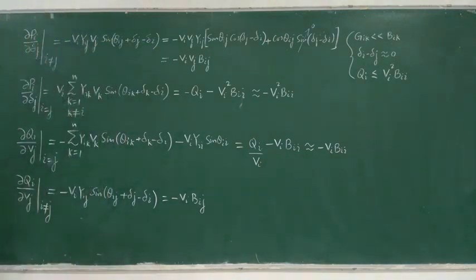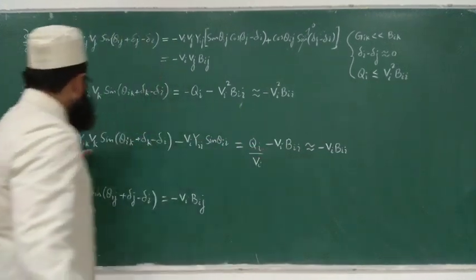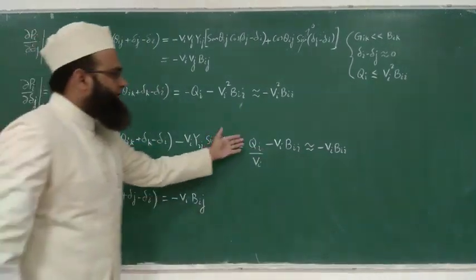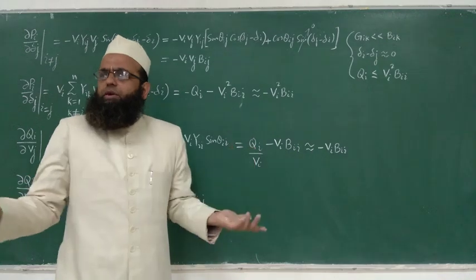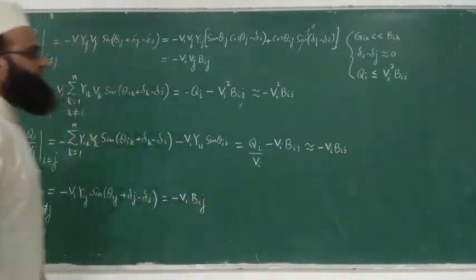So we have included the ith term. Now it is fine. Although it doesn't affect the result, we need to write it correctly. Although Qi is very small, so zero upon something will be zero again, but we missed it earlier.